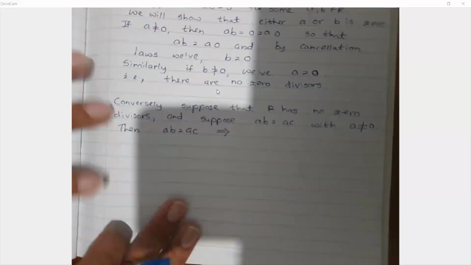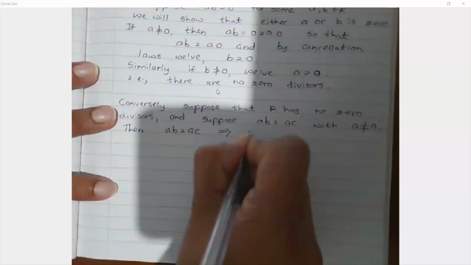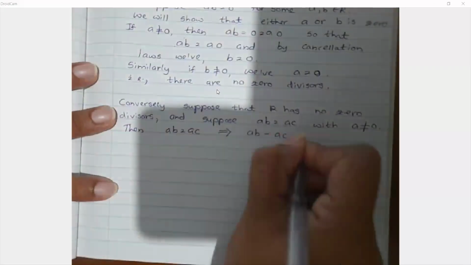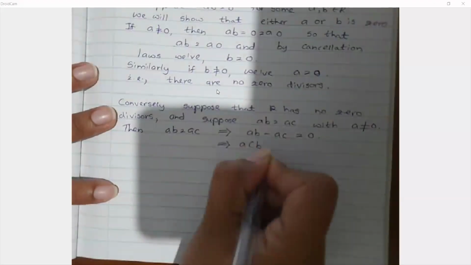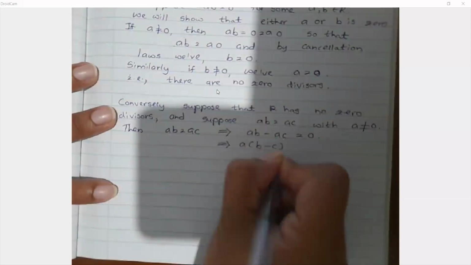In other words, like I told you in the previous remark, additive cancellation laws hold in R because it's a group under addition. Therefore, we take out AC from both sides. We have AB minus AC equal to 0. Now, what we do from here is use the distributive laws, take out A. We have this imply A times (B minus C) equal to 0. Now we know that A is non-zero.